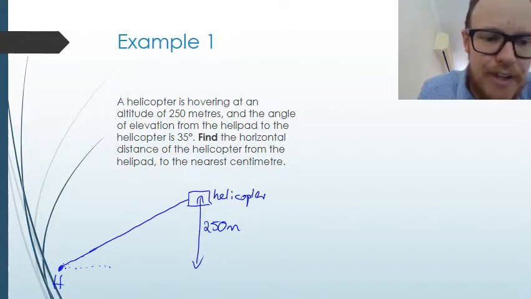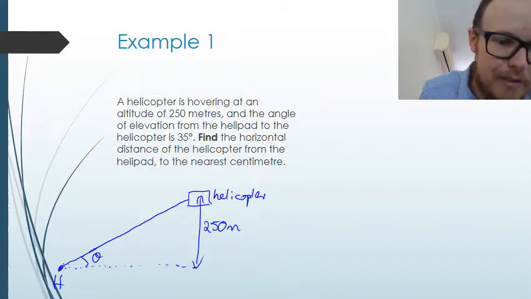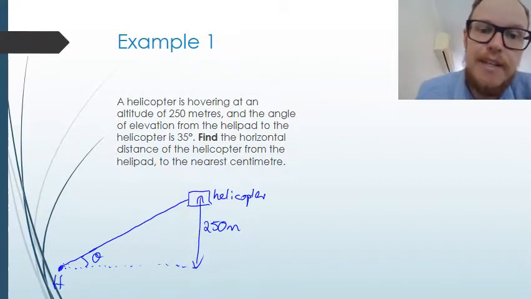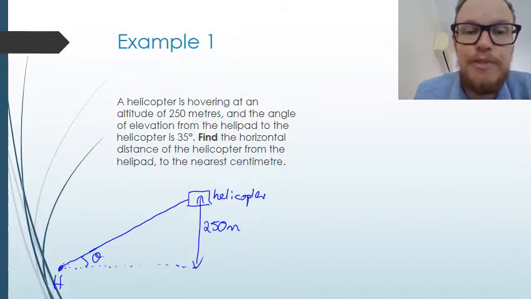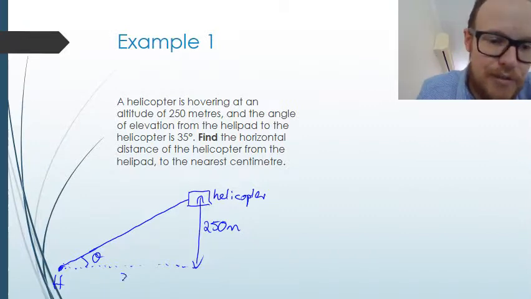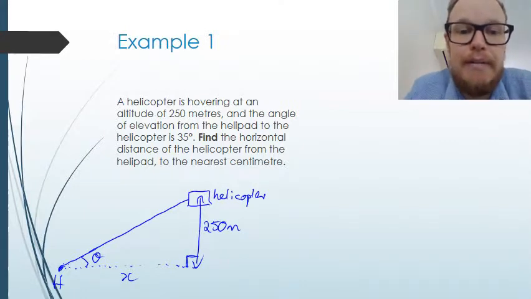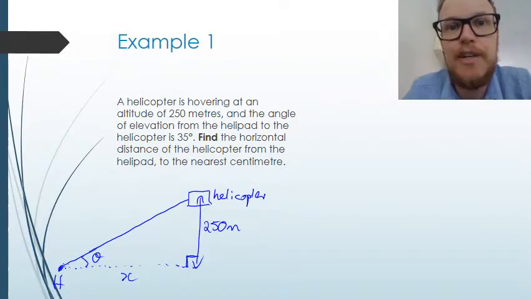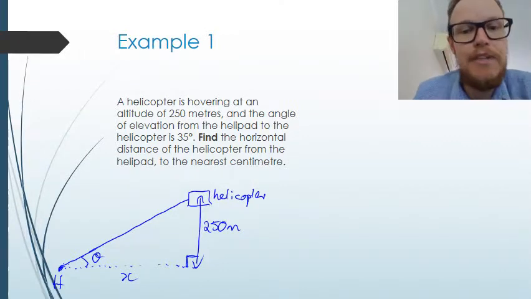The angle of elevation is from the horizontal, so that means our angle of elevation is here. We're being asked to find the distance of the helicopter from the helipad, the horizontal distance. So this is what we're trying to find here, this side here. You'll notice that it actually makes a right angled triangle with the altitude going straight up, horizontal distance straight across. So we need to redraw this triangle.